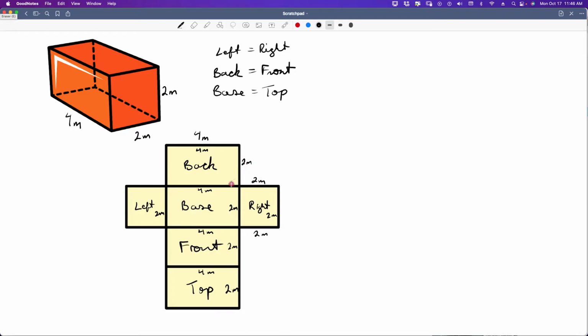So now we also have, if this is 2 meters, then this is 2 meters. And if this is 2 meters, then this is 2 meters. Because when they fold upwards to form this corner, this is going to be the same as this because of the look across. This lines up. So if this is 2 meters, then this has to be 2 meters as well.